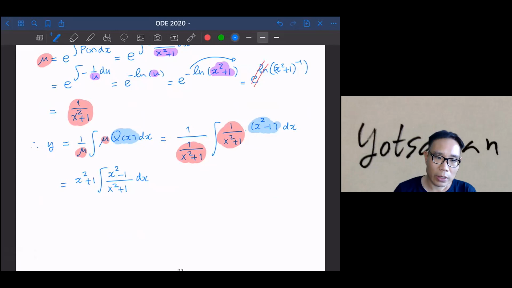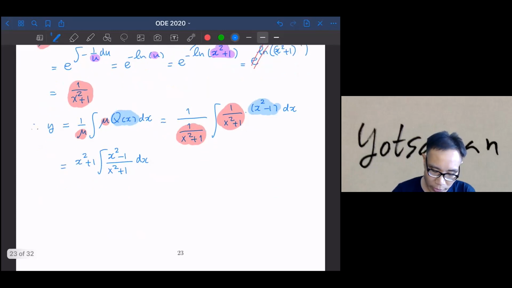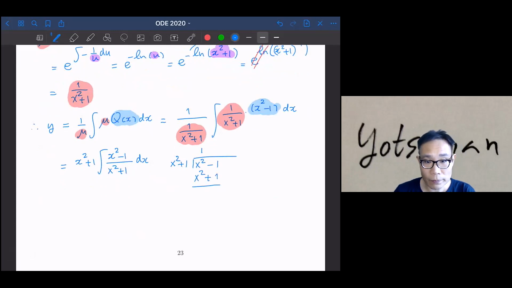If you recall, you're going to have to do a long division. So you have x squared minus 1 divided by x squared plus 1. You divide, and the quotient is 1, and the remainder is negative 2.